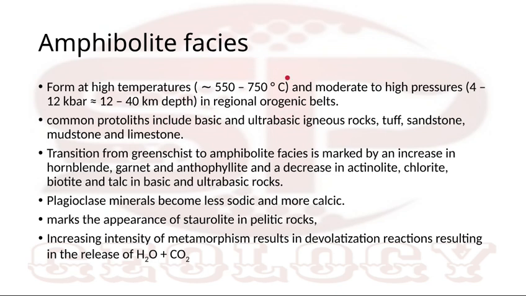Then your amphibolite facies, temperature is 550 to 750 degrees Celsius, 4 to 12 kilobar pressure. It is found in regional orogenic belts. About the blueschist facies, I will tell you later. The transition of greenschist to amphibolite facies is marked by an increase in hornblende, garnet, anthophyllite, and a decrease in actinolite, chlorite, biotite.